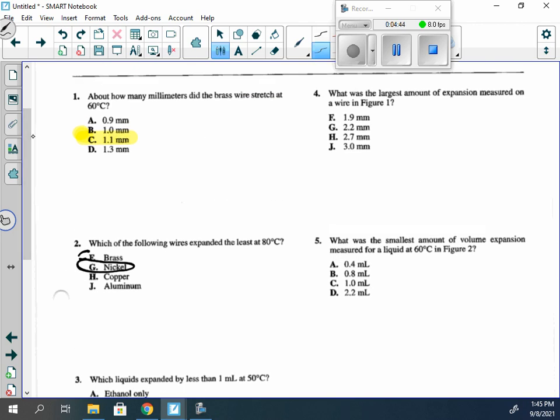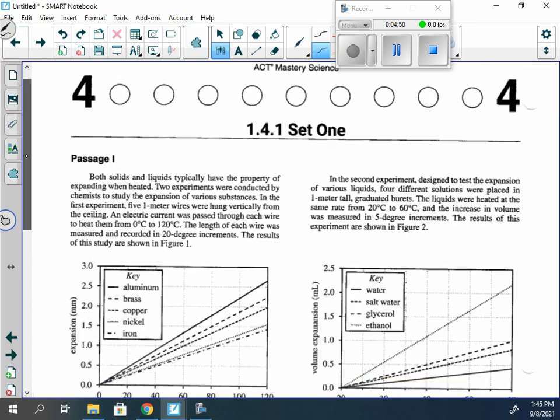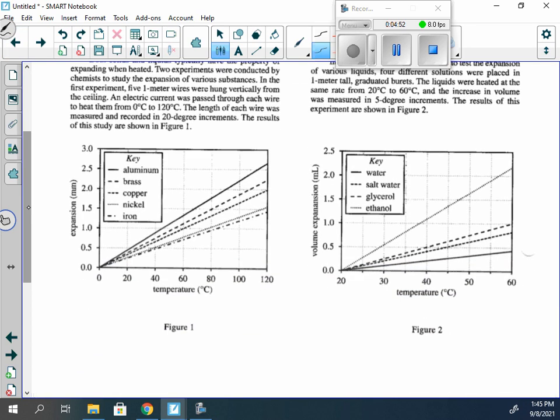Number 4, what was the largest amount of expansion on a wire in figure 1? So what temperature would I look at? Well, we look at figure 1, yes, and it's asking for the what? Expansion. The biggest expansion, yes? Does the temperature matter?